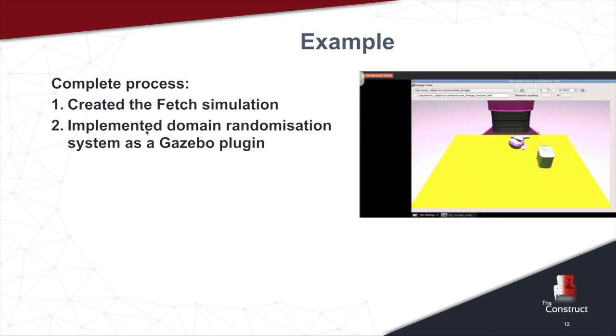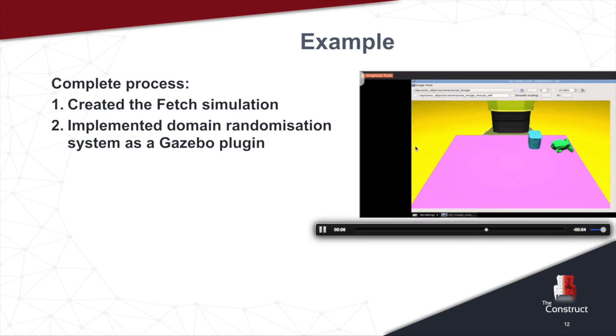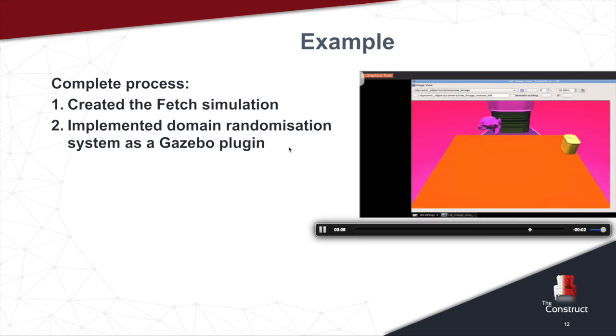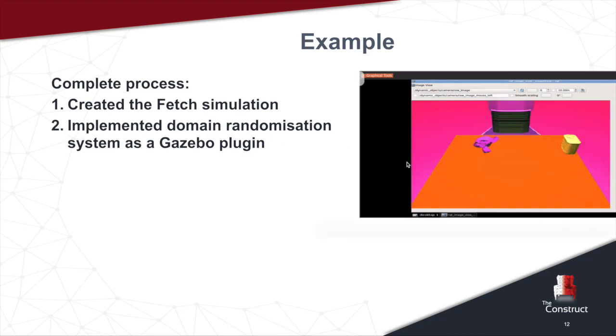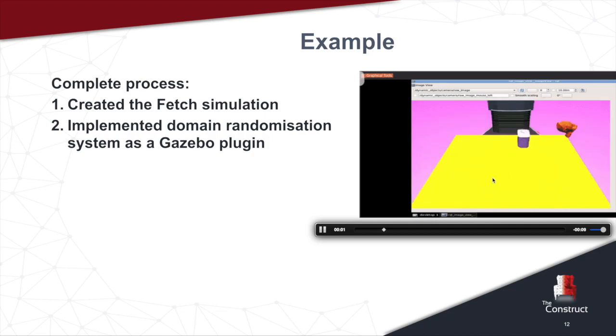Then we implemented the domain randomization system as a Gazebo plugin. This is the main point of the paper: by using domain randomization, you can create a robust visual system in simulation and then transfer it to the real robot. And that is the plugin that we implemented here.